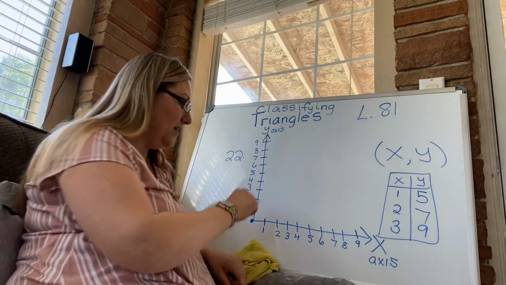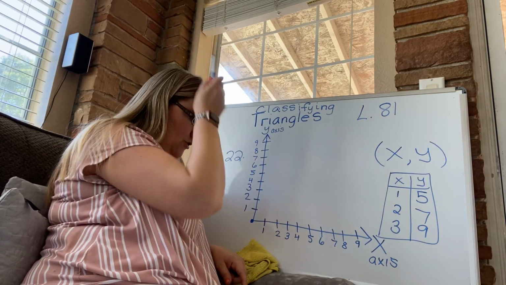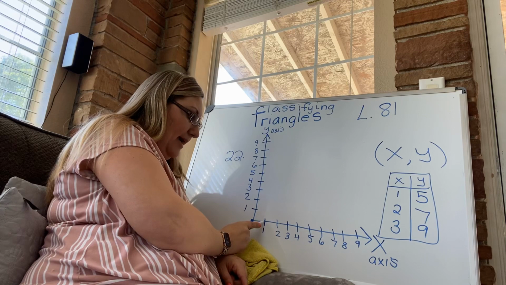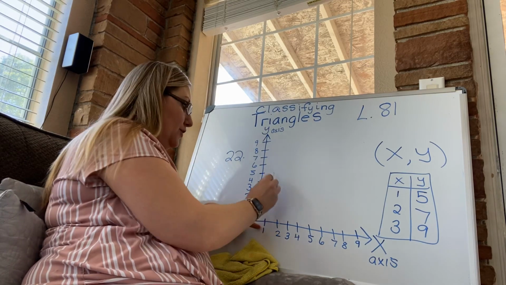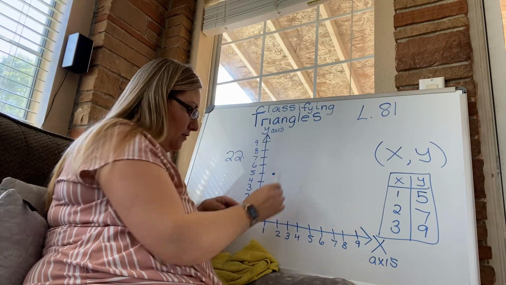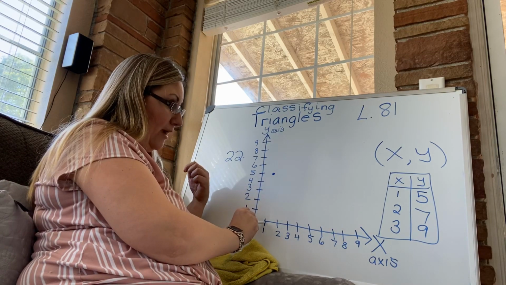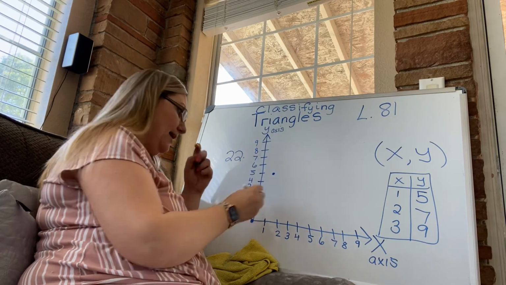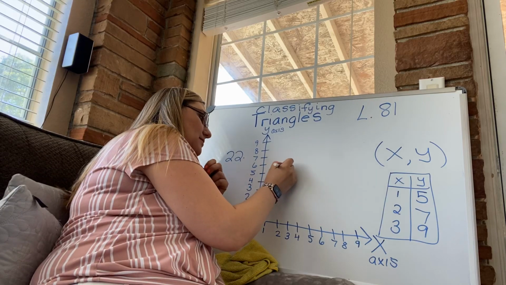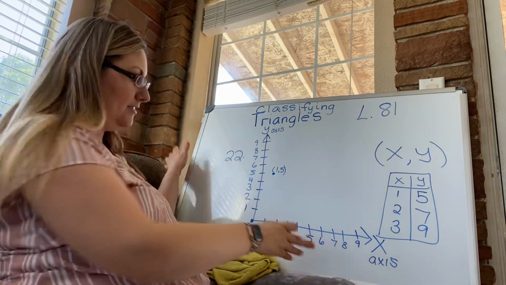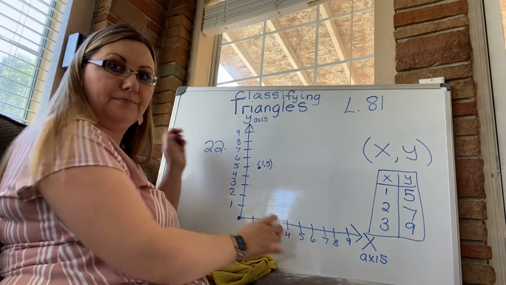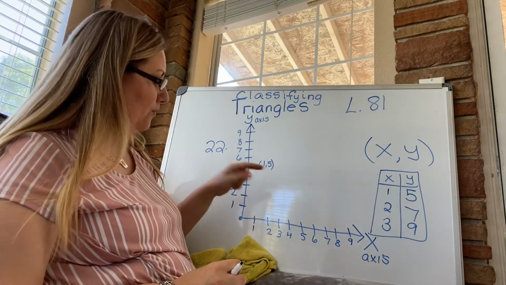So let's go 1 to the right. The x tells us to go 1 to the right, and then on the y side we are to go up to 5. So if you could be really careful, go to the right 1 and up 5. And this is the point 1, 5. Can you see that okay? I hope you can. There's the point 1, 5.